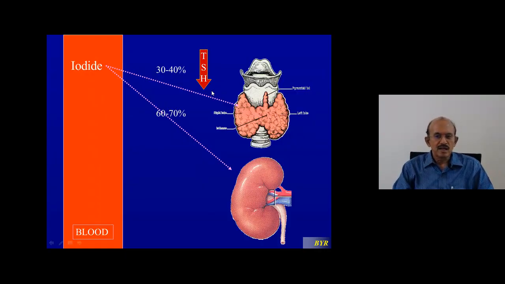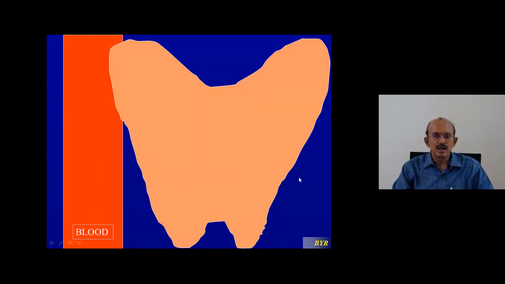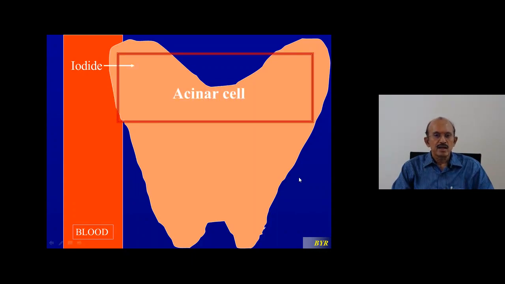Okay, it is the anterior pituitary which secretes TSH. So under the influence of TSH, the iodide is absorbed into the acinar cells. Here, iodide under the influence of peroxidase enzyme gets converted to iodine.